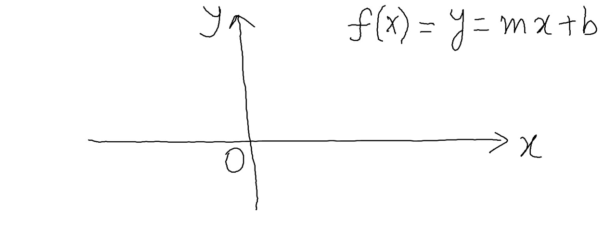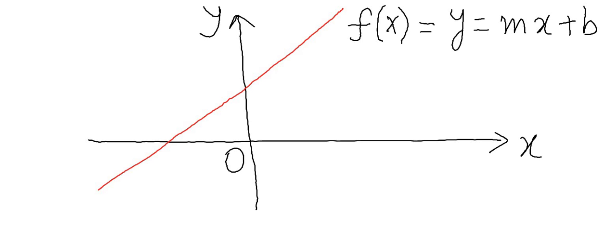So y is varying with x, so it's a function of x. And you could draw any line, and the equation of that red line is y equals mx plus b.